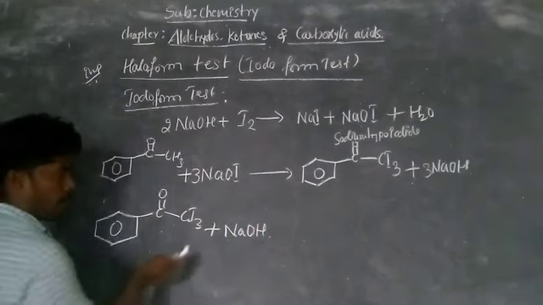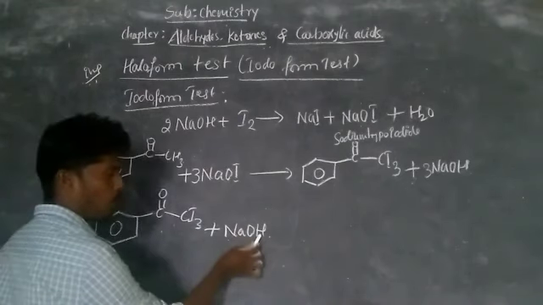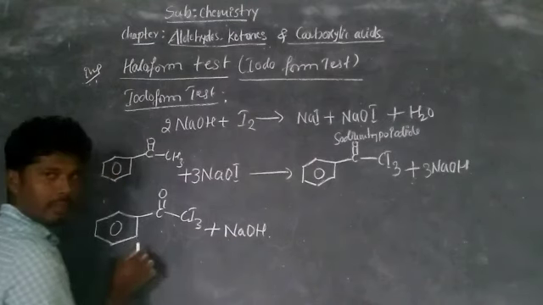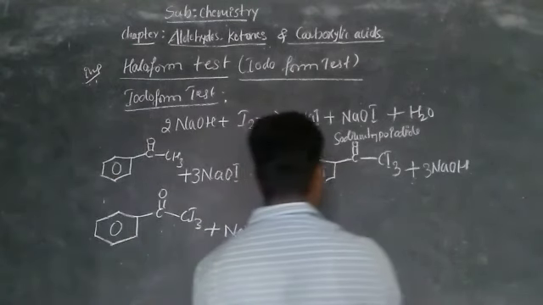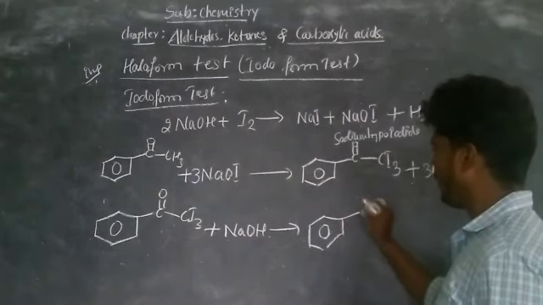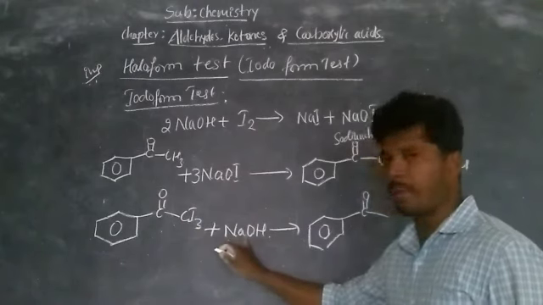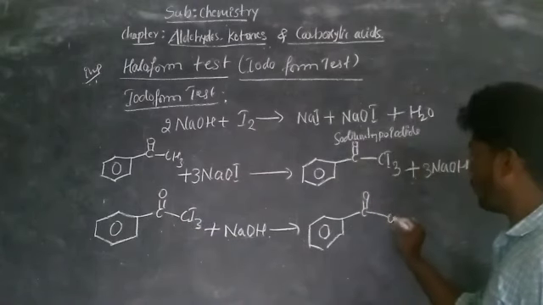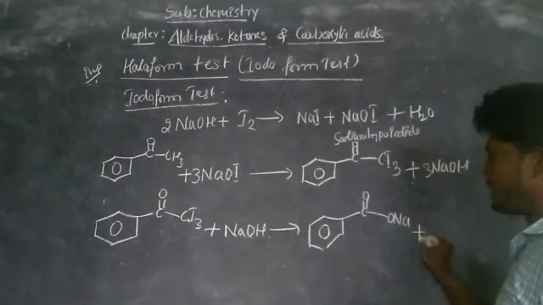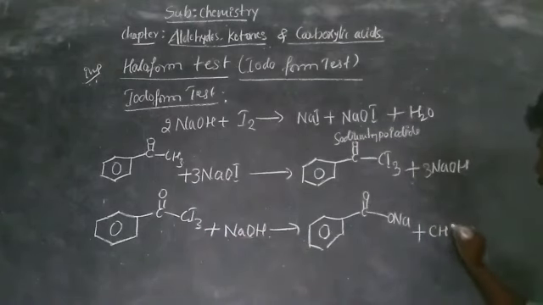Now here the CH3 is replaced by putting ONa, and you get benzene C double bond O bond ONa, placing this ONa, plus CHI3.